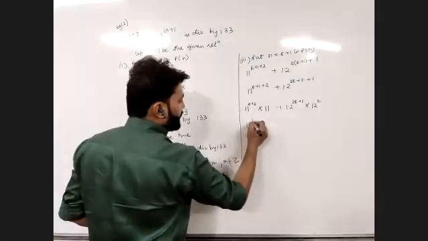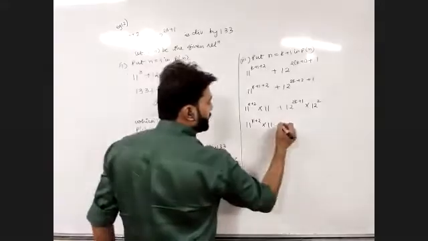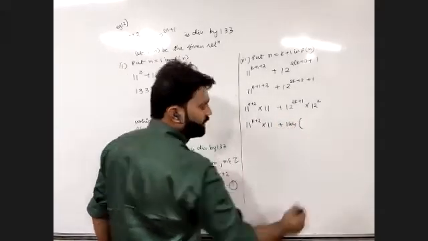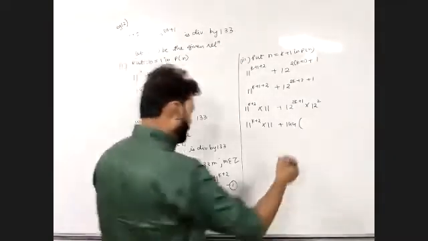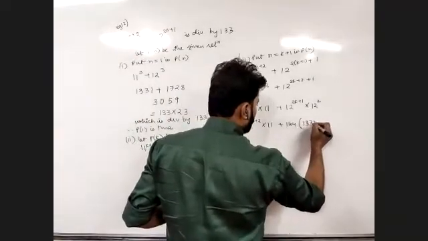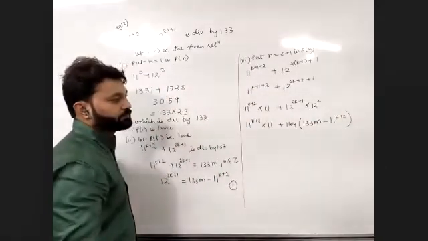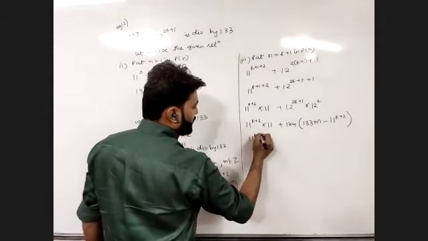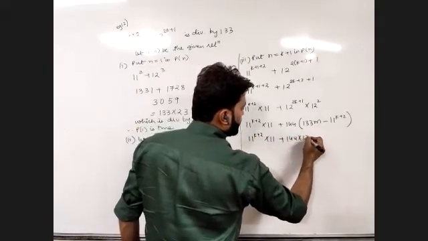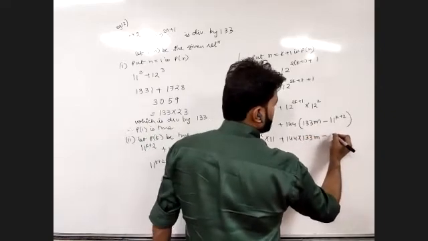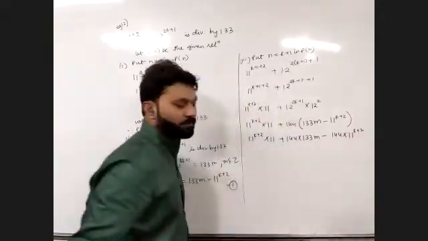So 11 raised to the power k plus 2 into 11 for the time being as it is, and plus 144 into, in place of 12 raised to the power 2k plus 1, we can write this complete value. So this is 133m minus 11 raised to the power k plus 2. So this is 11 raised to the power k plus 2 into 11, plus 144 into 133m minus 144 into 11 raised to the power k plus 2.